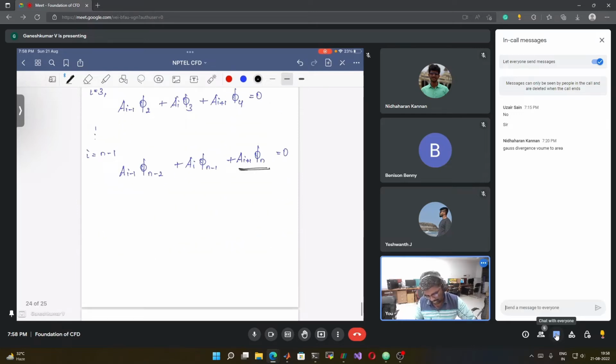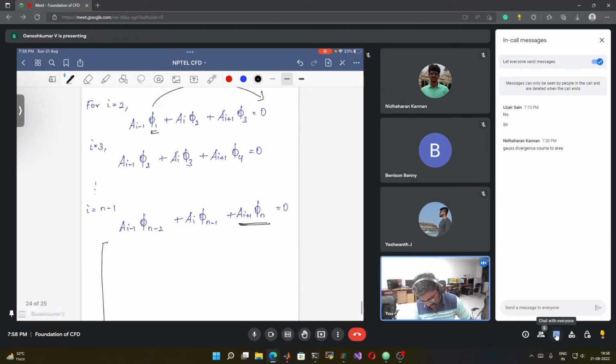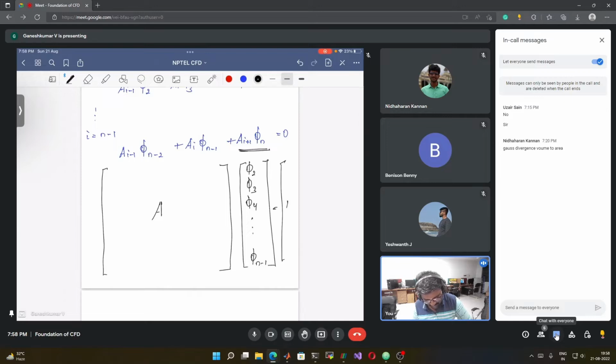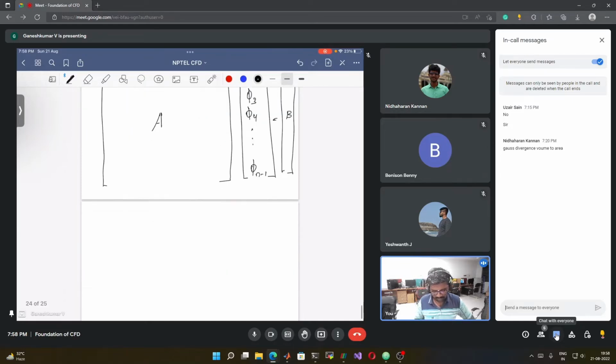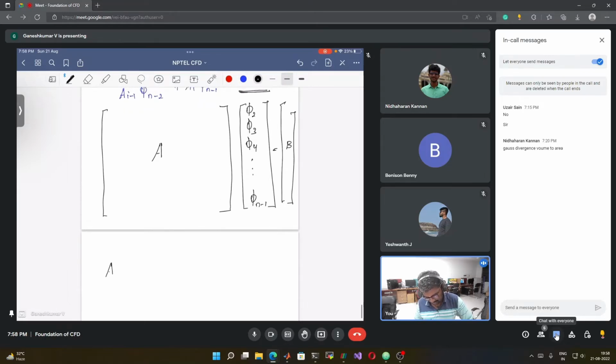So what if we try to write a matrix for this? The first equation will start from phi 2. So there is some A matrix, and we are going to write in terms of phi 2, phi 3, phi 4 to phi at n minus 1 is equal to some B matrix, right? So how will the A matrix look?